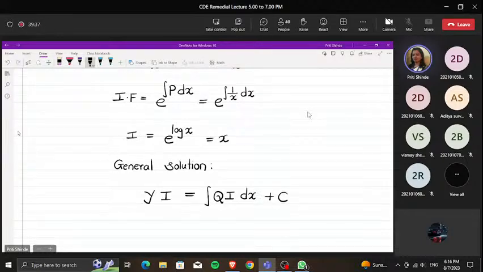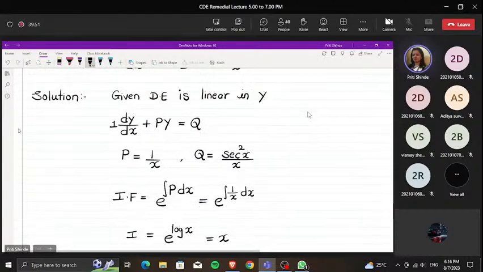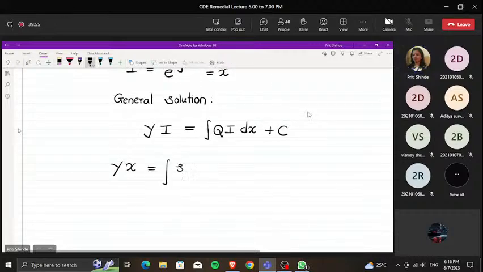First, write down carefully your formula. Linear in y, so y into I is equal to integration of q into I dx plus c. So write down all values. Integrating factor is x. Q means the right hand side function is sec square x upon x.